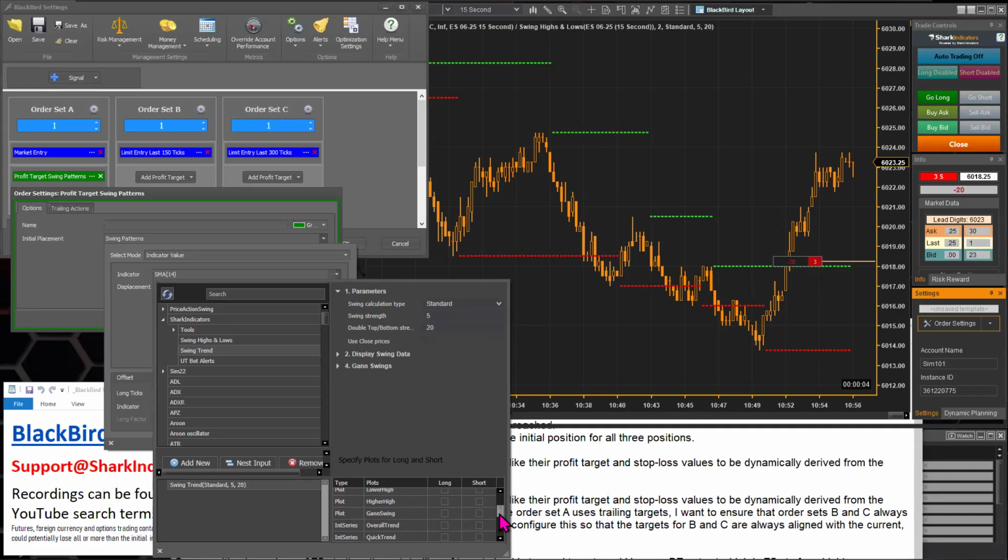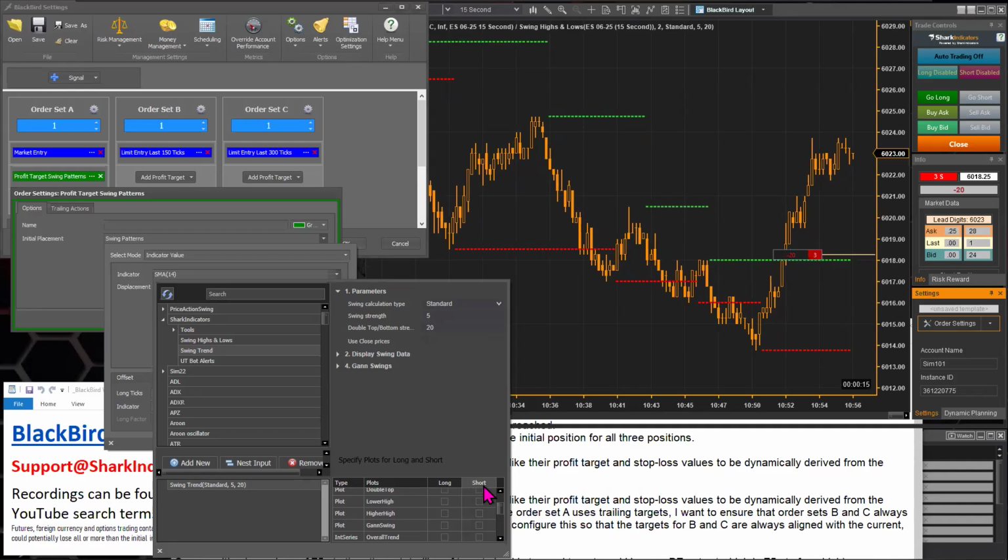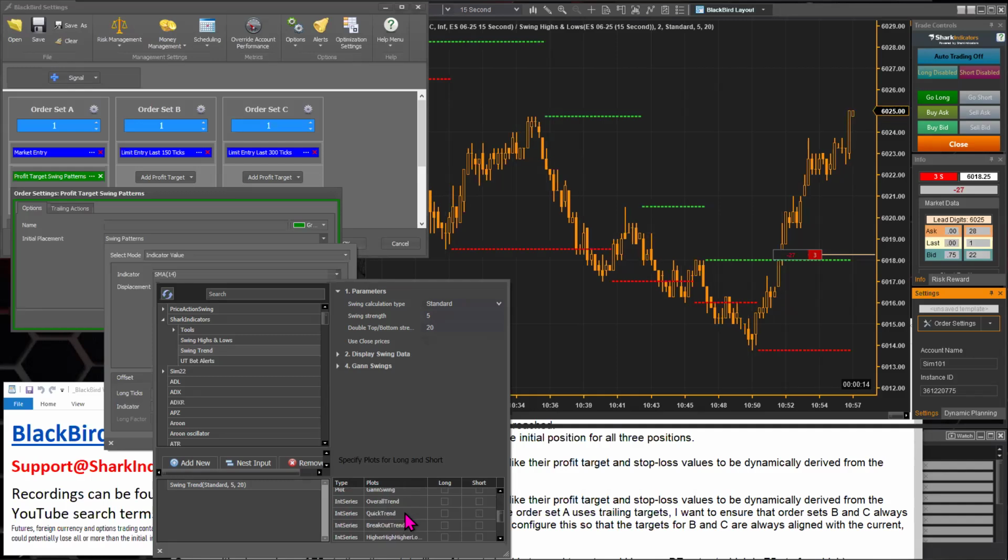Let's see here. All right, so if it's a short trade, we want the highest high. And if it's a long trade, we want the lowest low. There we go, lowest low. Oh, actually, hold on. Yeah, that's correct. This double bottom and double top was throwing me off for a little bit.